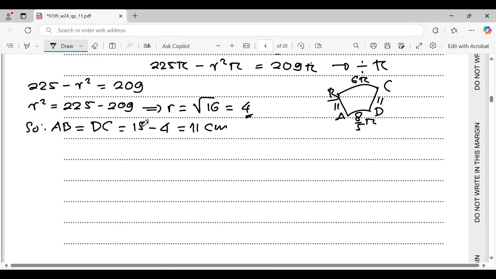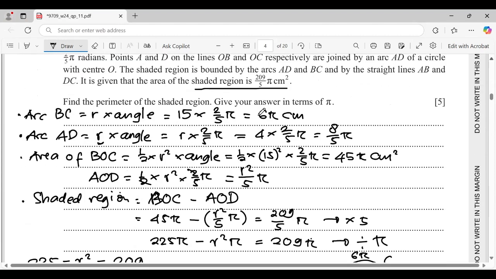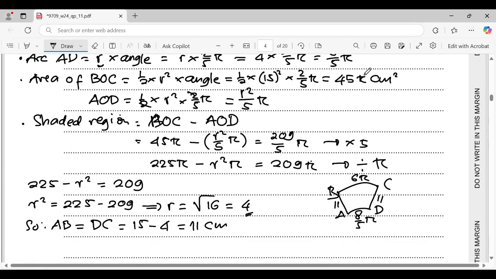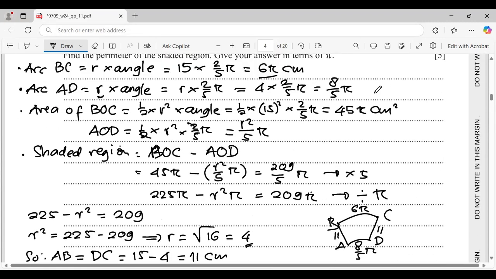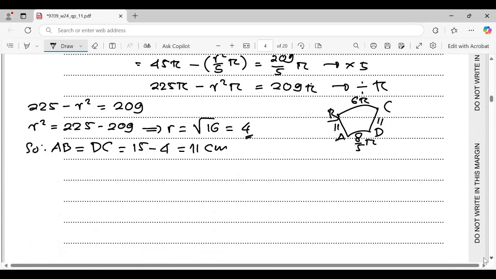So let's recalculate the perimeter. Arc BC is 6 pi because of this result, and this is 8/5 pi.